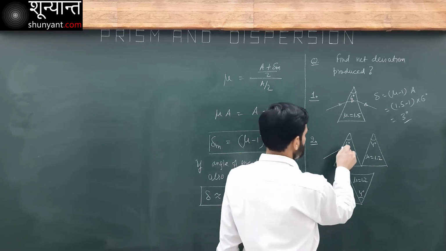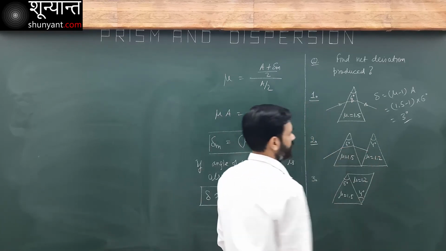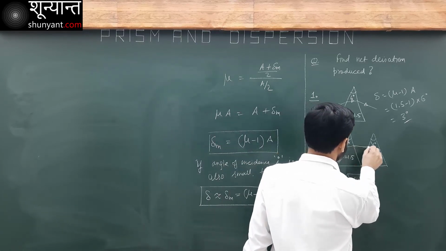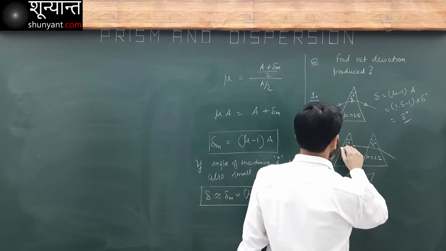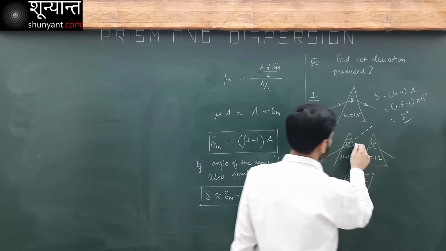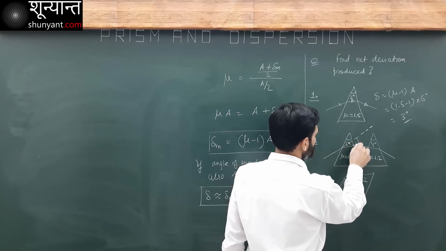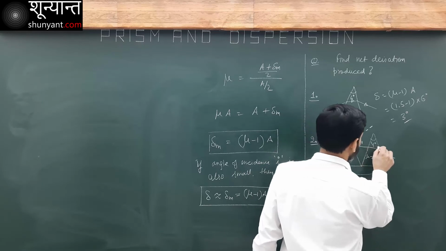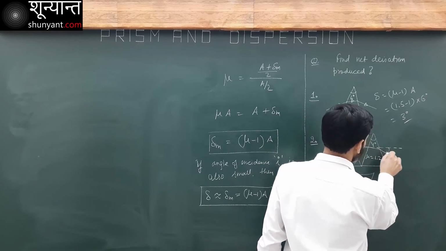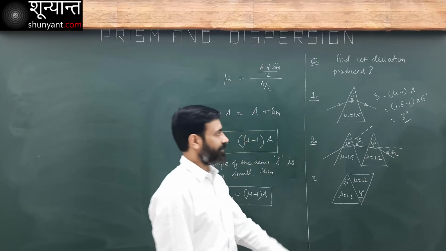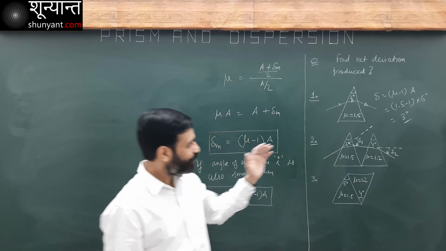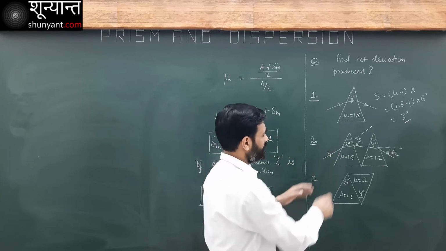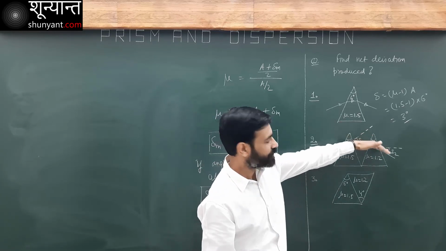Now what about this case here? Think about this. This is the first deviation, delta 1, and this is the second deviation. Both deviations are in the same direction. This is my light ray, which undergoes deviations from both prisms.